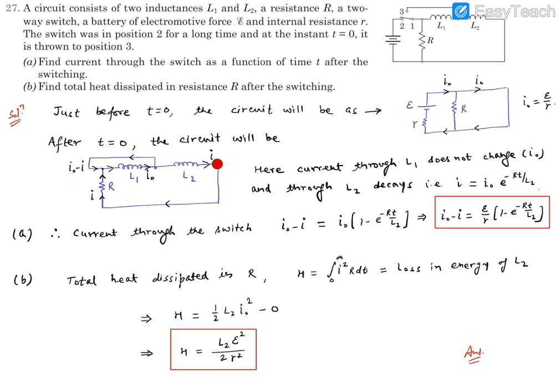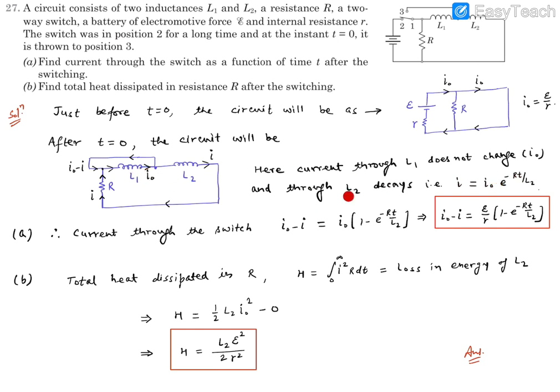Now what is this current I going to be? This current I is following a circuit which is an inductor and a resistance, so that is an LR decay circuit. In an LR circuit, the current goes like I equal to I0 e raised to the power minus Rt by L, here using L2, which gives the current at an instant of time.